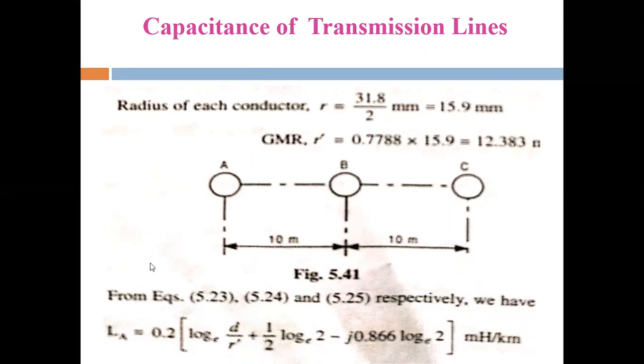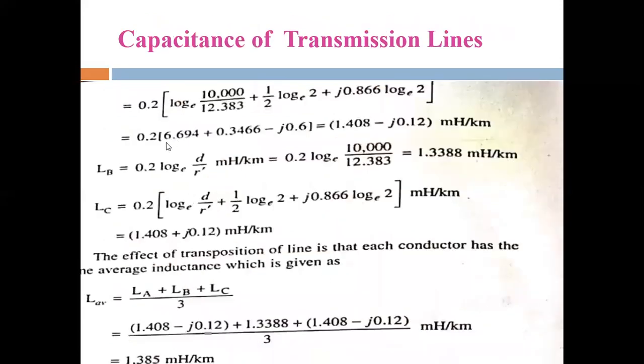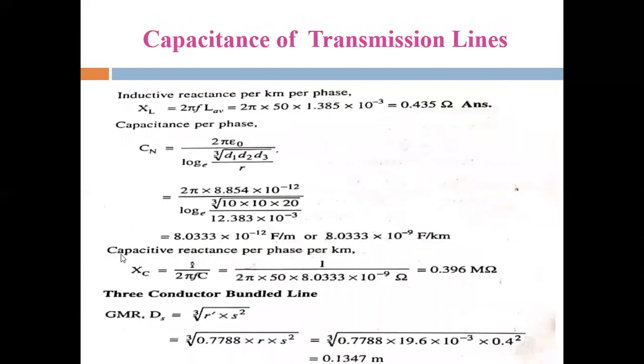The conductors are spaced at 10 meters from A to B and also B to C. From the previous equations, the inductance formula is LA equal to 0.2 log e D by R dash plus 1 by 2 log e 2 minus j 0.866 log e 2. This is the formula for inductance LA, LB and LC, after which we calculate L average.